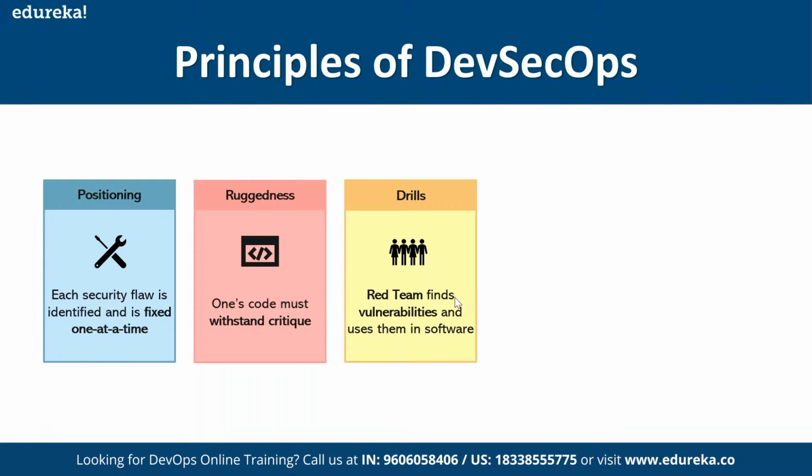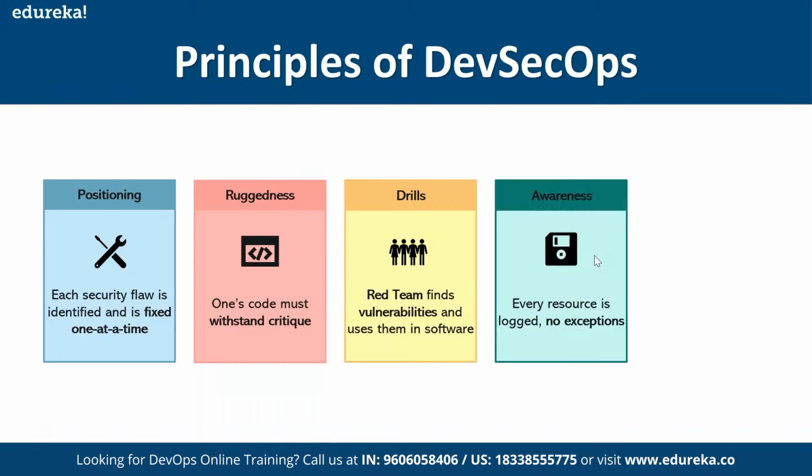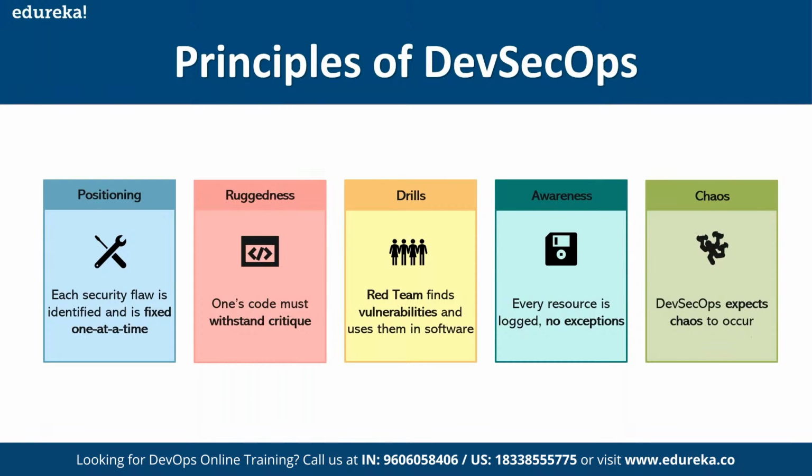Drills: the red team finds vulnerabilities and uses them in the software. Awareness: each source is locked down, no exceptions. Anything that has to be found should be found on time. Chaos: DevOps experts expect chaos to occur. They are always ready to fix the issues. So these are a couple of principles.